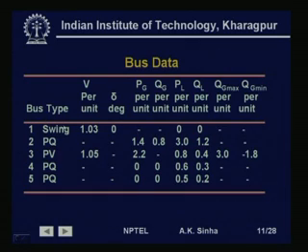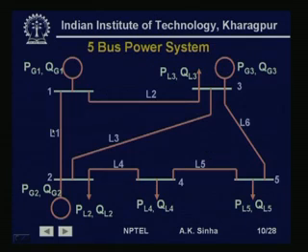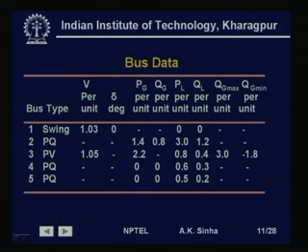So, if we look at this system, we have specified our bus 1, this bus, as our swing bus, whereas the bus 2 is specified as a PQ bus. For the swing bus, the specified variable, the voltage magnitude 1.03 per unit is given, and the voltage angle 0 degree is specified.